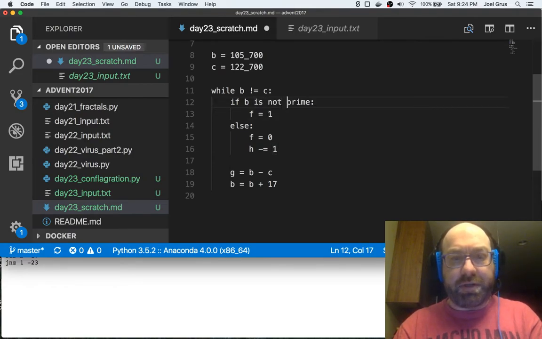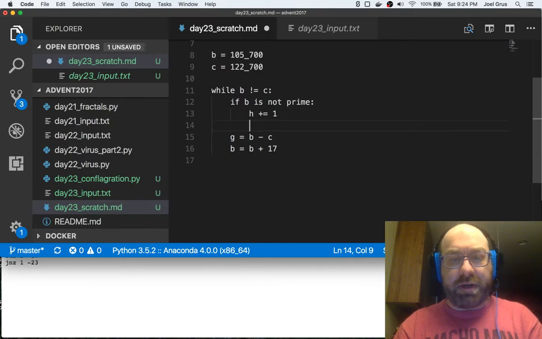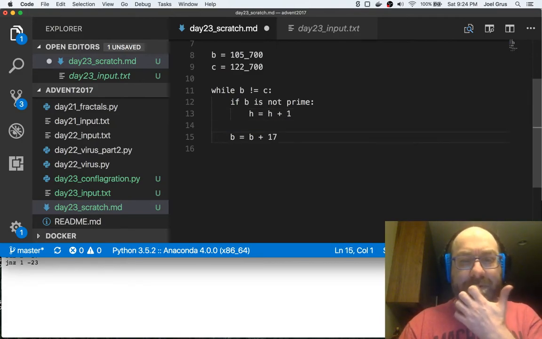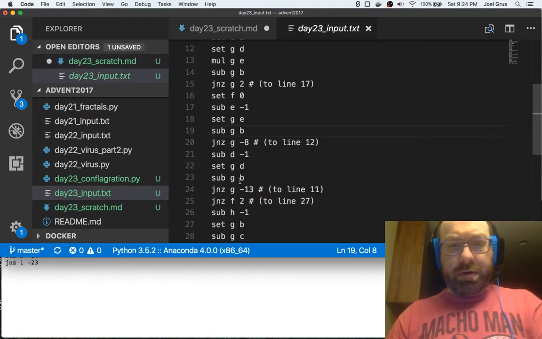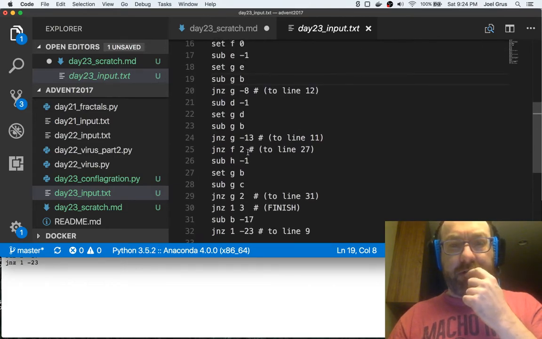So if B is not prime, H, and I think that should be H equals H plus 1. I'm being sloppy here. Don't need that. Let's just make sure. We wanted to subtract off H minus 1, so that's actually adding 1 to H.